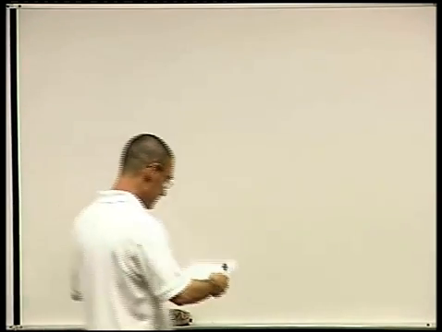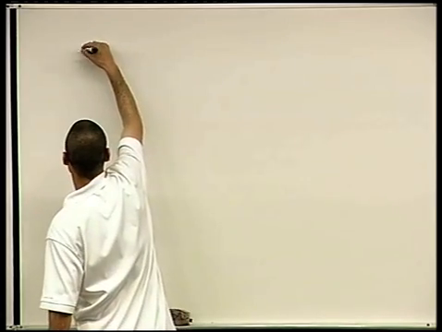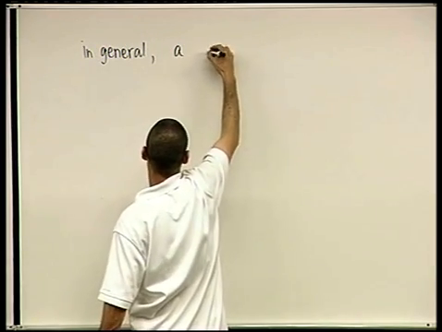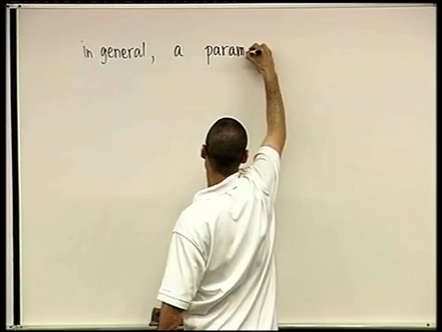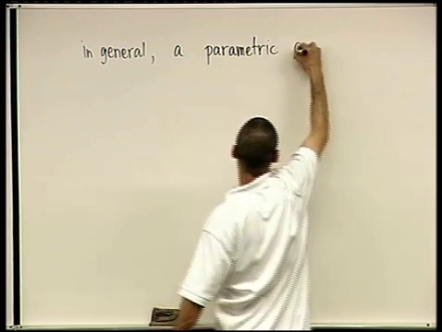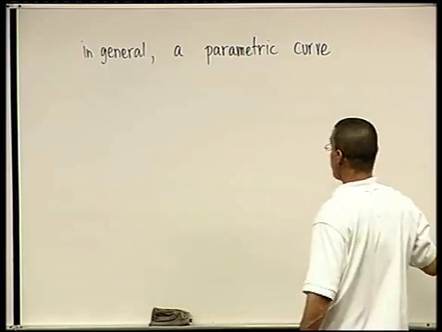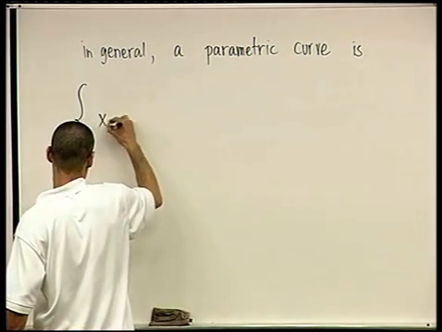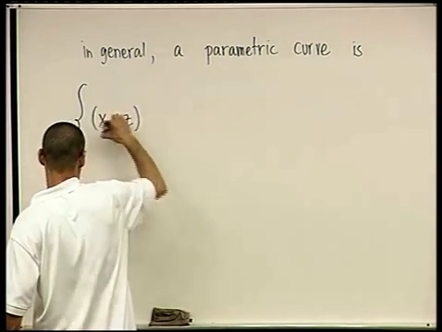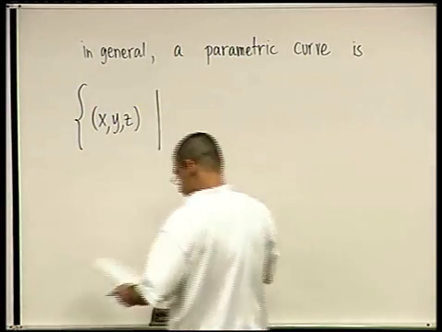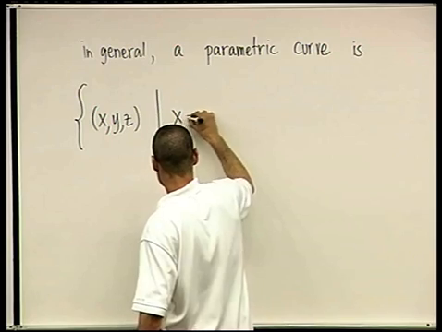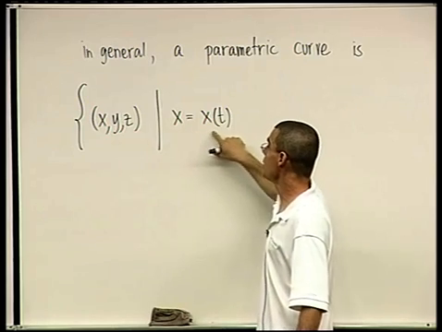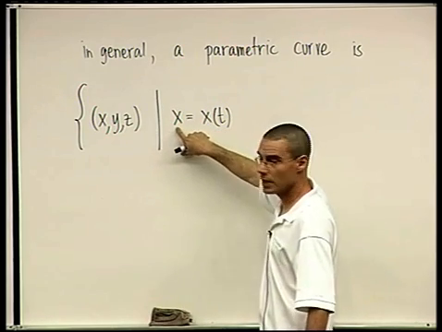So in general, a parametric curve, or a curve in parametric form, is the set of all points x, y, z, let's do it in 3 dimensions, such that x is some function of t, x of t. I'm abusing notation by calling the function x and the variable x.